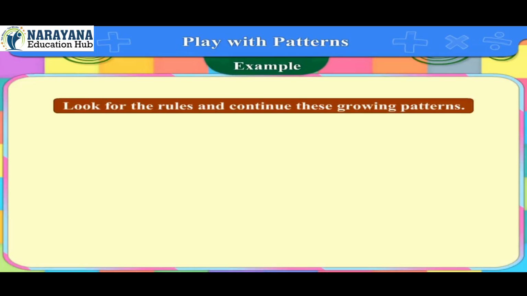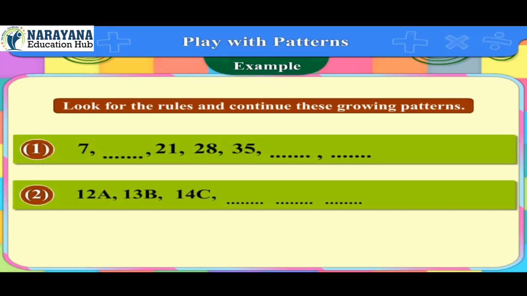Example: look for the rules and continue these growing patterns. In the first pattern, after 7, we will get 14, 21, 28, 35 are given, and then we get 42 and 49.